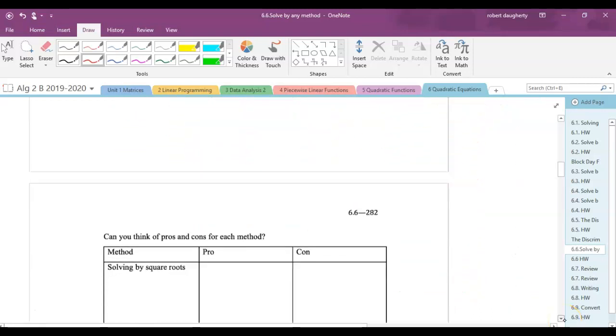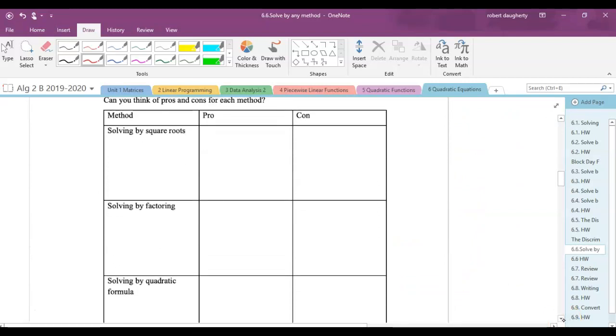So let's talk about these before we dig in. Solving by square roots: what are the pros and cons? Pros: it's pretty easy. Cons: there could be some arithmetic you don't like, but if it's going to present that, it's probably going to present in the quadratic formula.